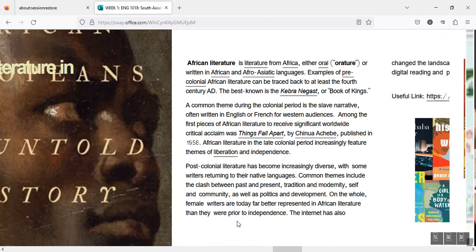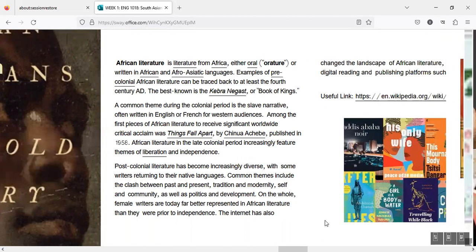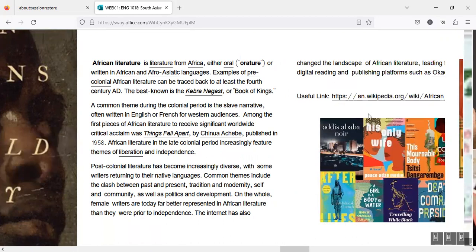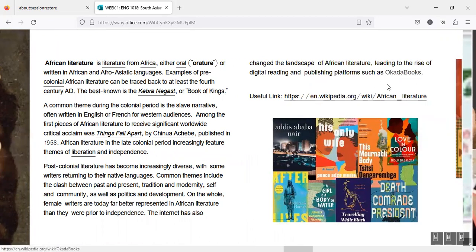On the whole, female writers today are better represented in African literature than they were prior to independence. The internet has also changed the landscape of African literature, leading to the rise of digital reading and publishing platforms such as Okada Books, as we are also using digital methods for teaching and learning, right?